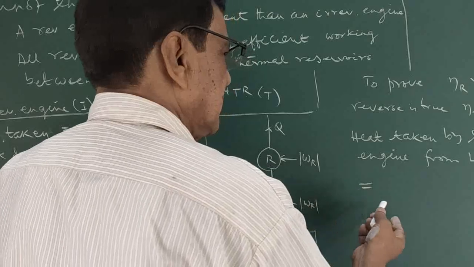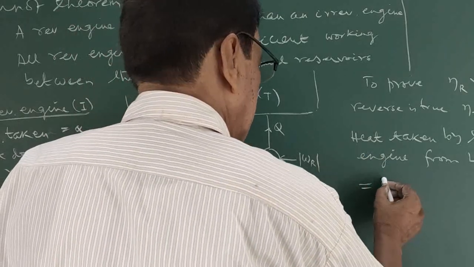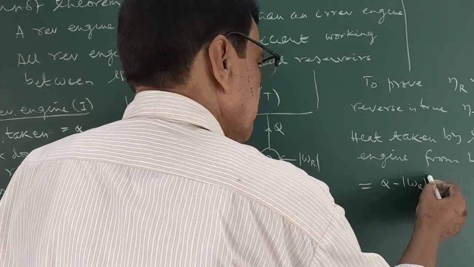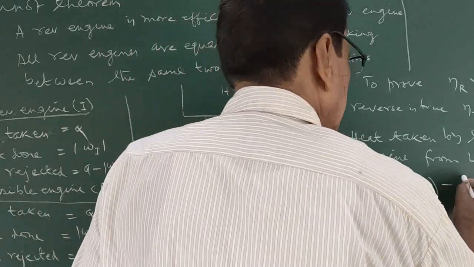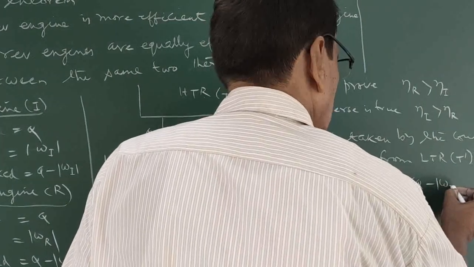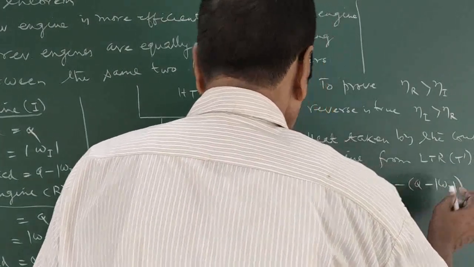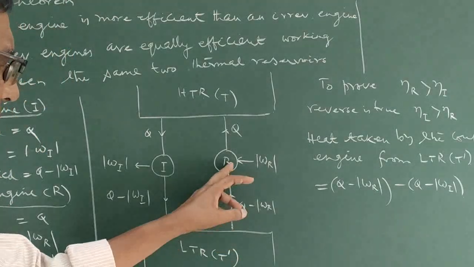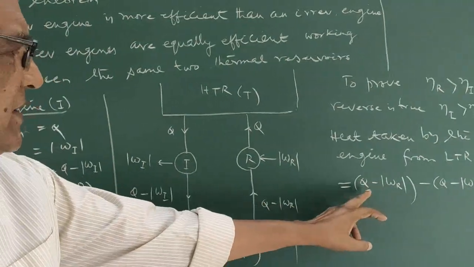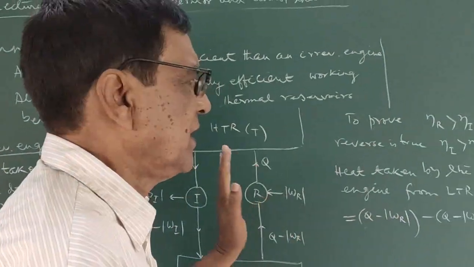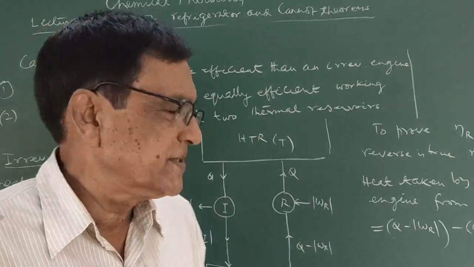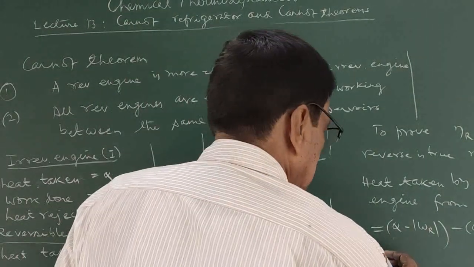So how much heat is taken? Q minus modulus WR minus Q minus modulus Wi. This amount is taken, this amount is given, so this minus this gives the amount of heat taken by the coupled engine from the LTR.